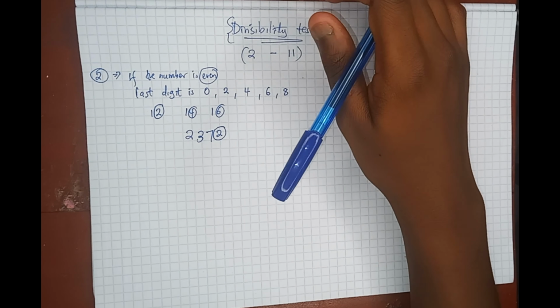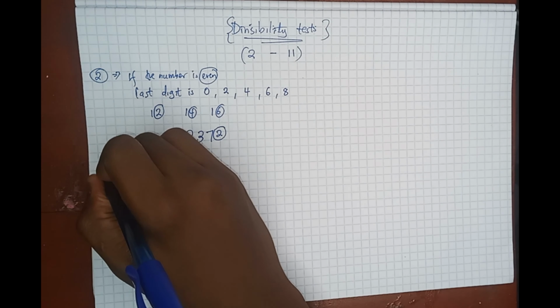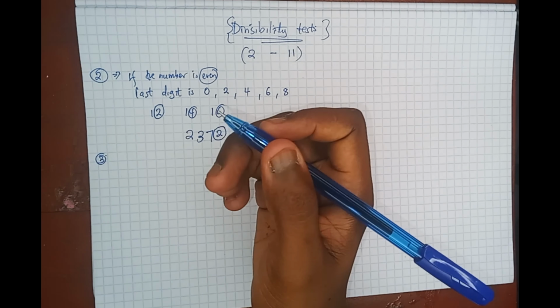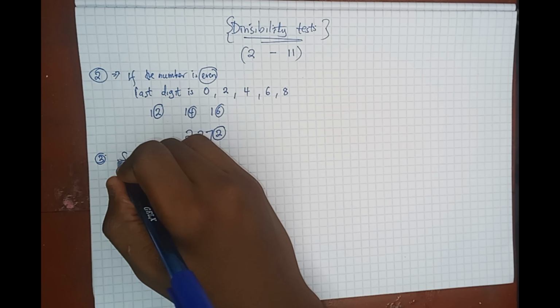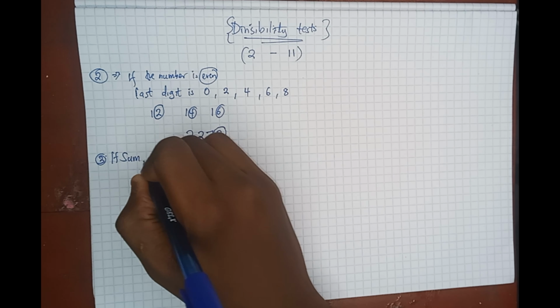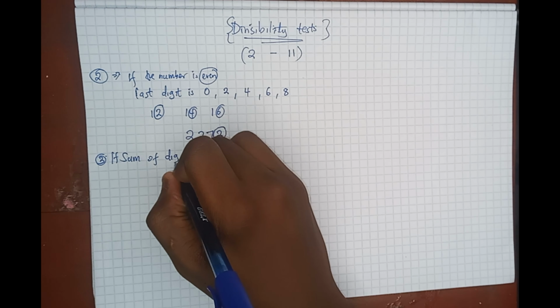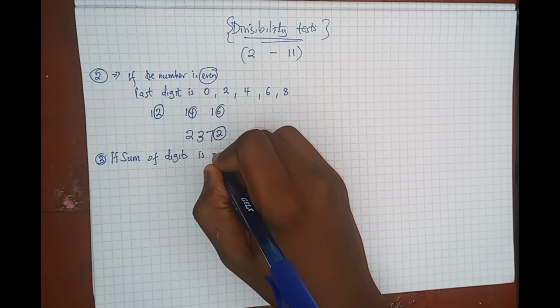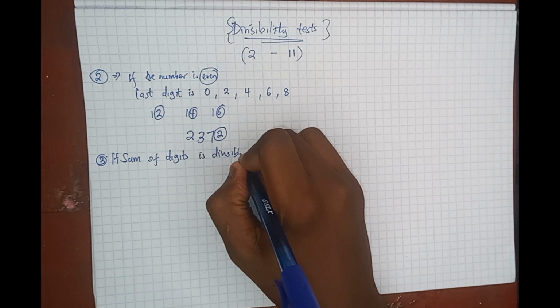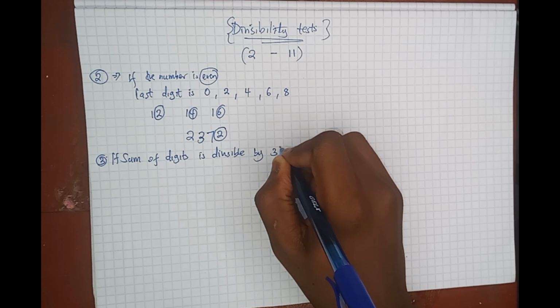Next, there's 3. So a number is divisible by 3 if the sum of digits is divisible by 3.